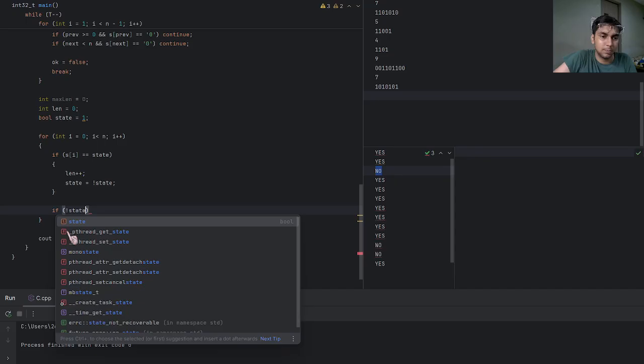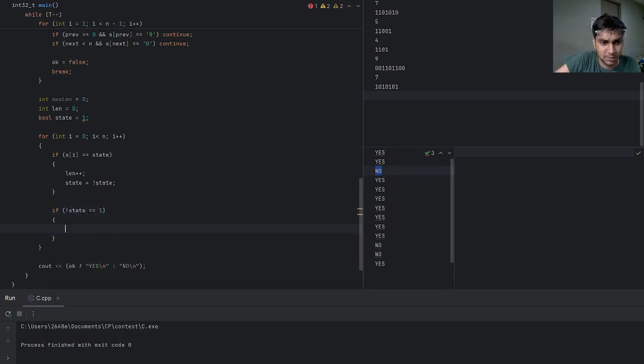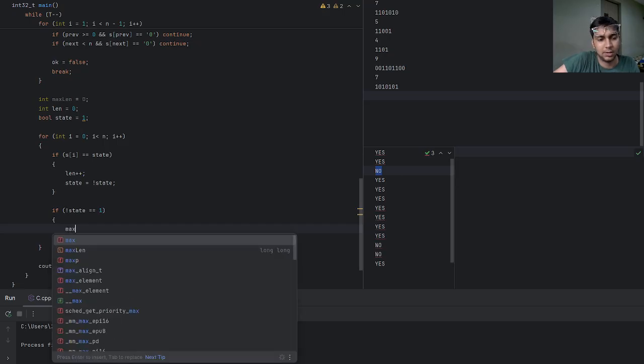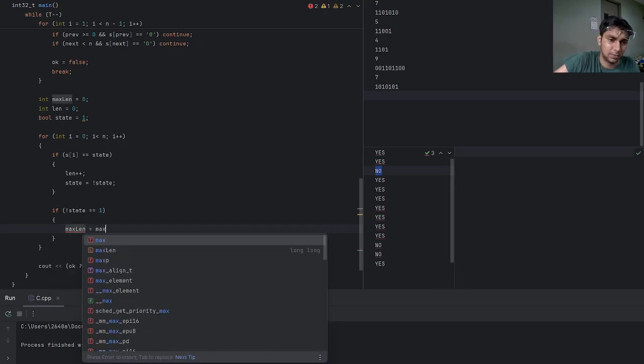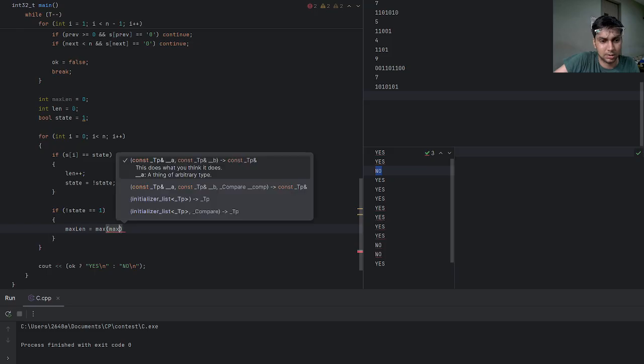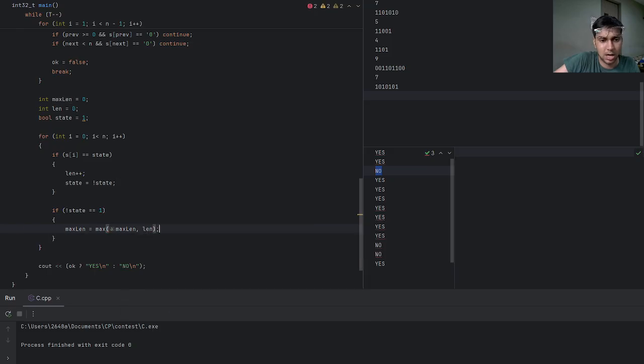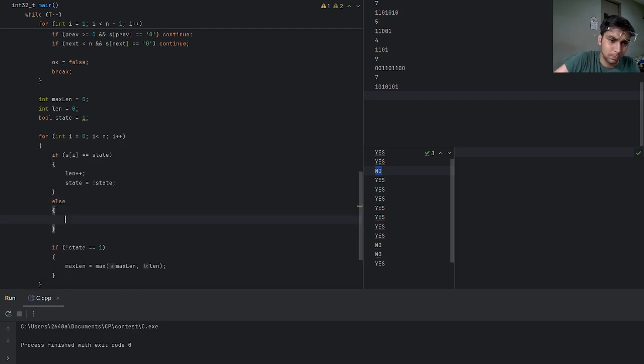If the previous state was 1, that means before turning, if it was 1, then you do max len, or max len. Okay. What about this?